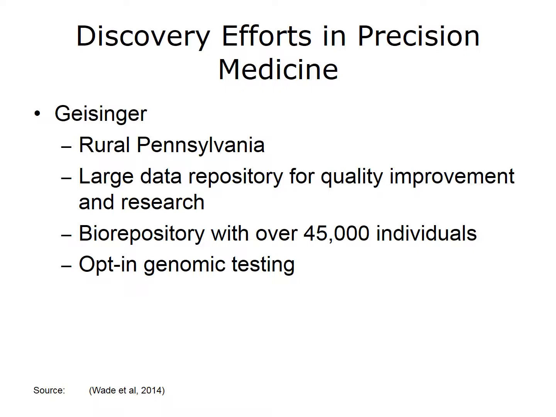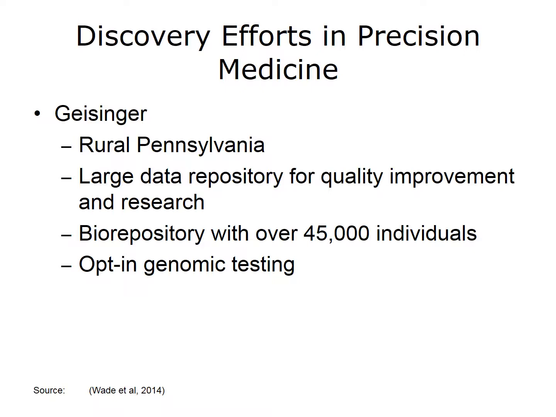As an example, several large healthcare systems have made precision medicine a priority. Both Geisinger Health System and Vanderbilt University are part of the eMERGE network, but their work to build genomic repositories predated their participation in the eMERGE network.